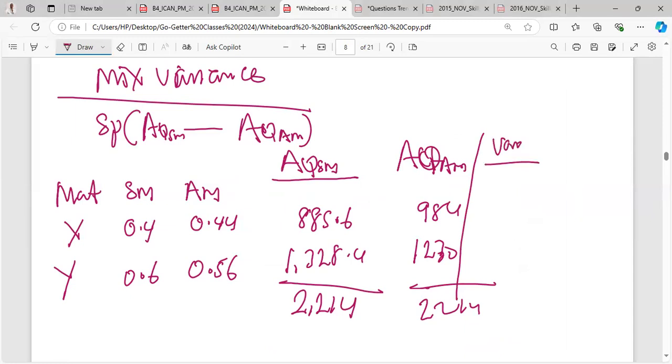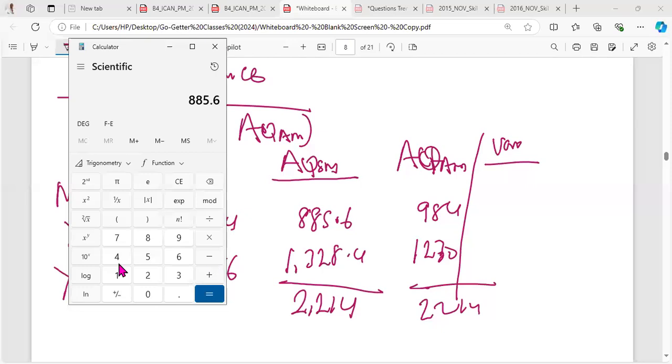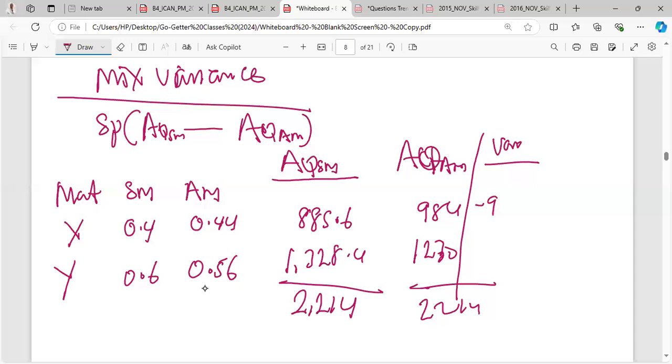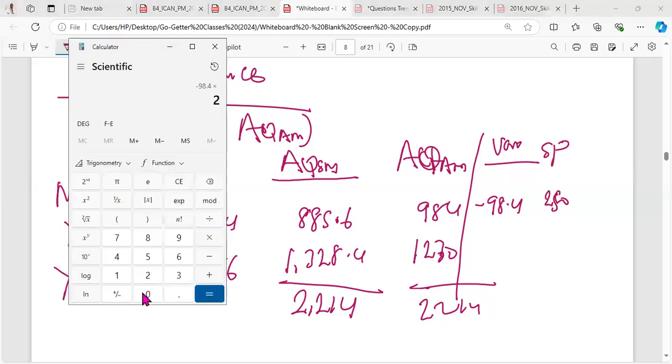So this is the variance. 885.6 minus 984 gives you minus 98.4. Of course, this is the standard price, 250. Multiply by 250.